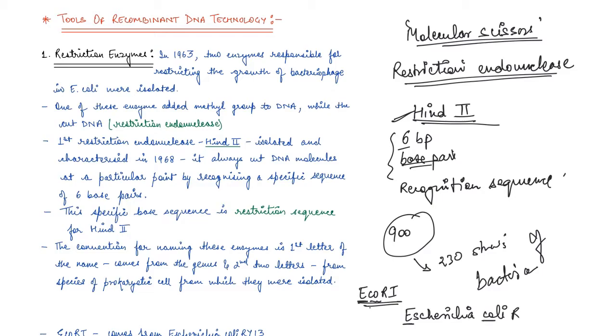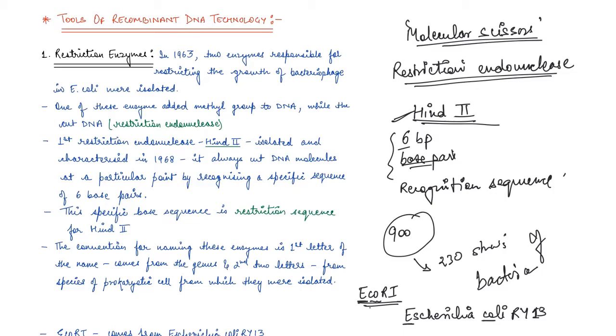And RY13 is the strain. It comes from E. coli RY13. So R is derived from the name of the strain.